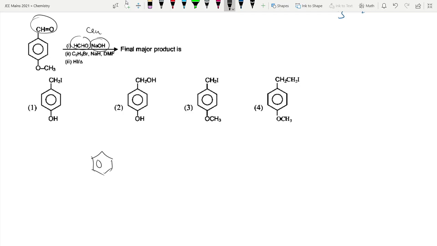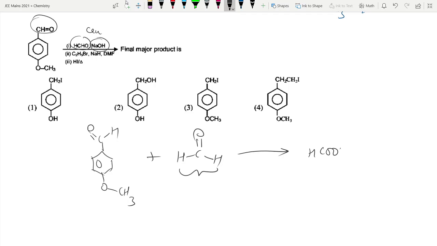In Cannizzaro reaction, with HCHO, the formaldehyde will get oxidized without any exception, it gets very easily oxidized. I don't think I have a very good explanation for that, but yes, it will get oxidized and you will get HCOONa, and here you will get the alcohol group. So you will have CH2OH and OCH3.